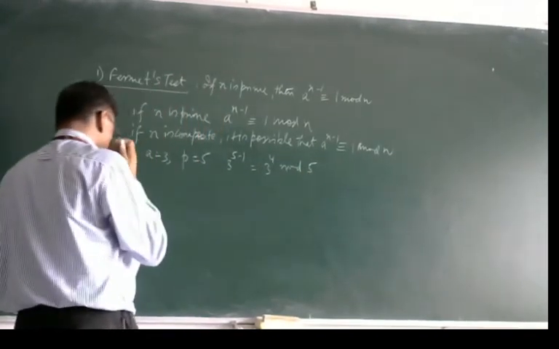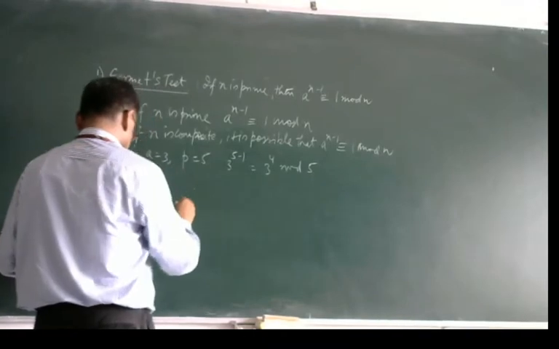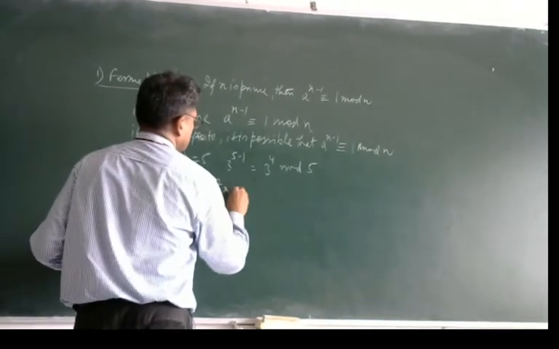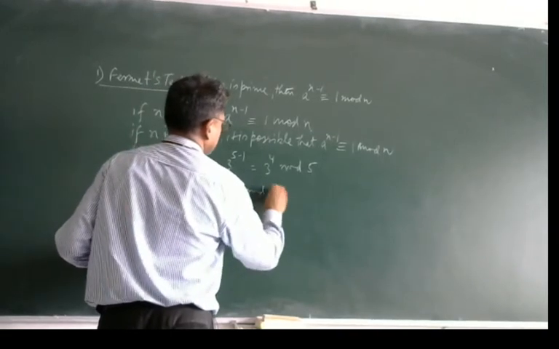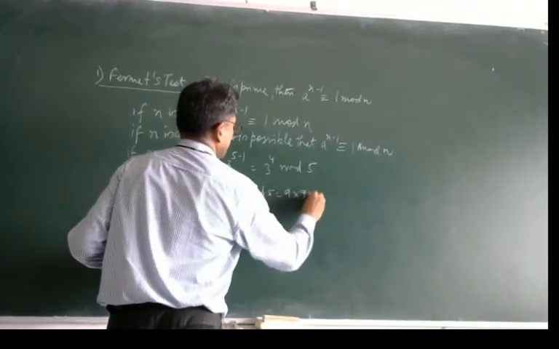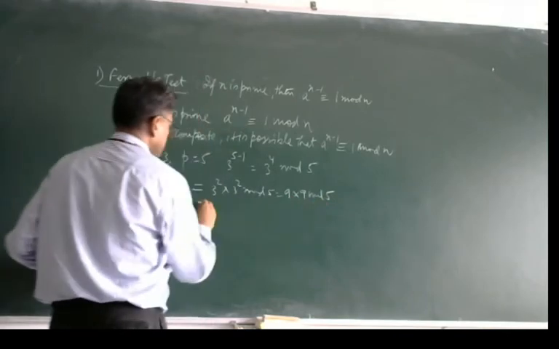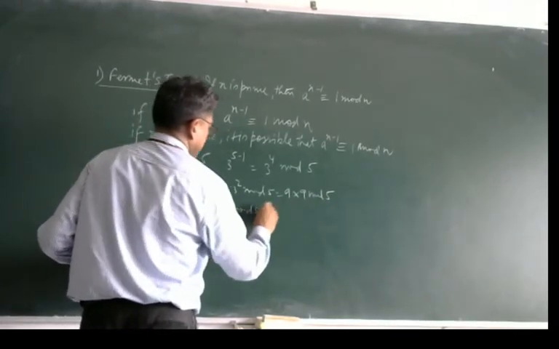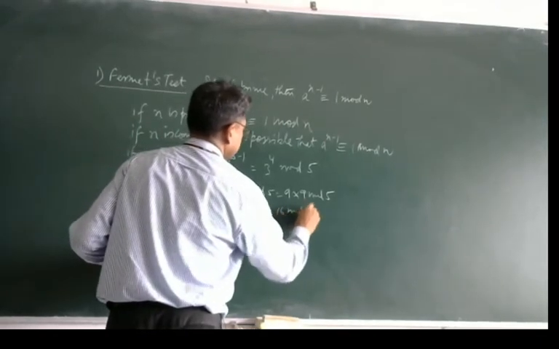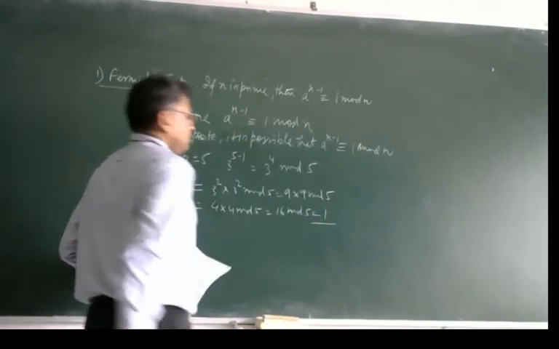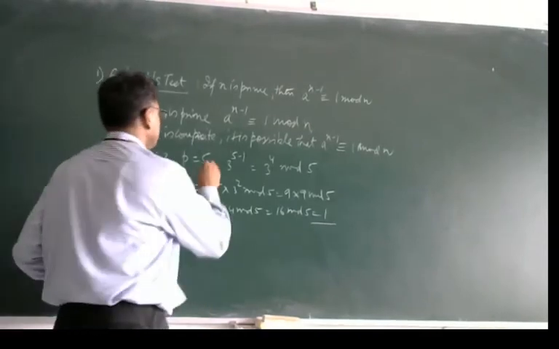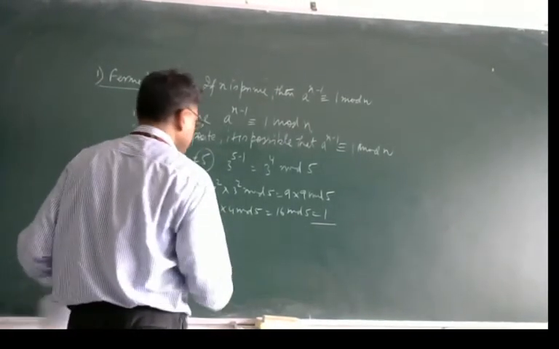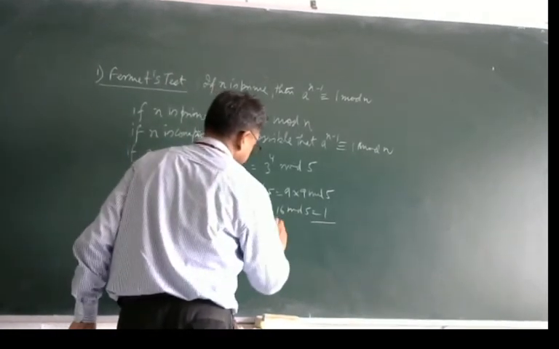That is 3 square into 3 square mod 5, that is 9 into 9 mod 5, 9 mod 5 is 4, so 4 into 4 mod 5, that is 16 mod 5, which is equal to 1. So it means 5 is prime.